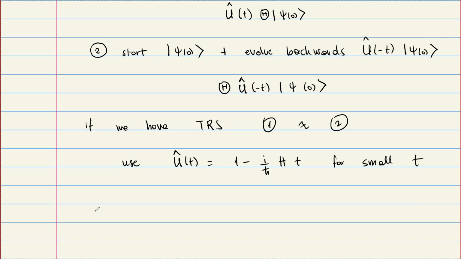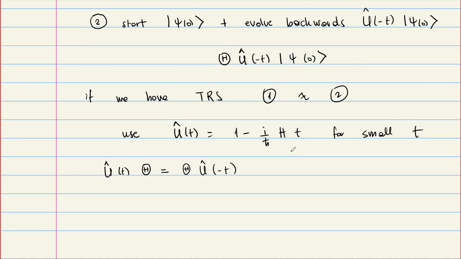And I plug in: if 1 and 2 are the same, U of t times theta should be equal to theta times U of minus t. Plugging this in, what I find is 1 minus i over h bar H t times theta should be equal to theta times the same thing with t going to minus t, and it is going to be plus here.